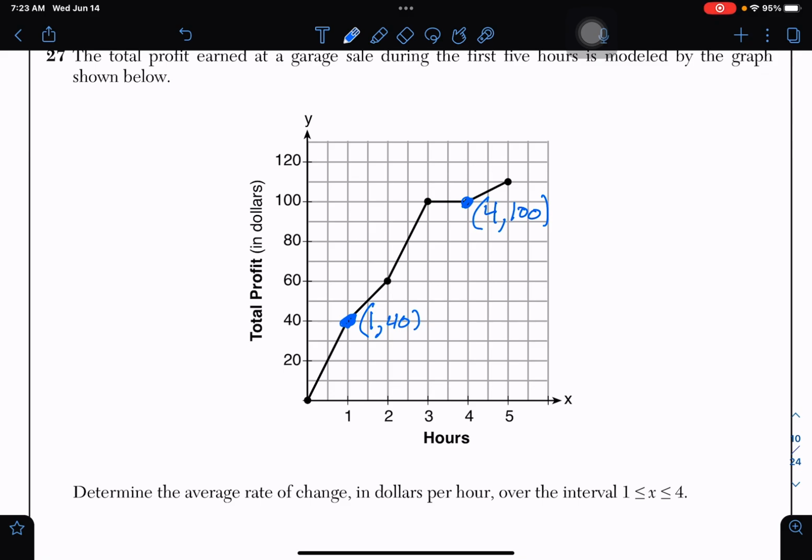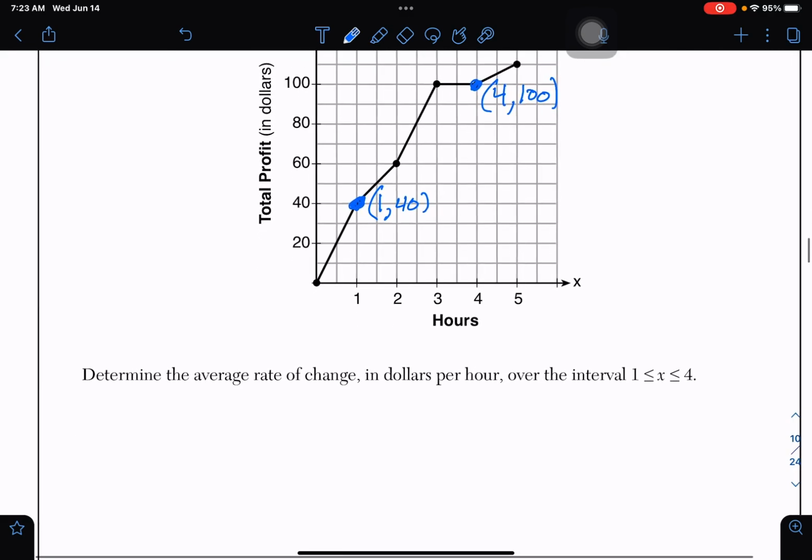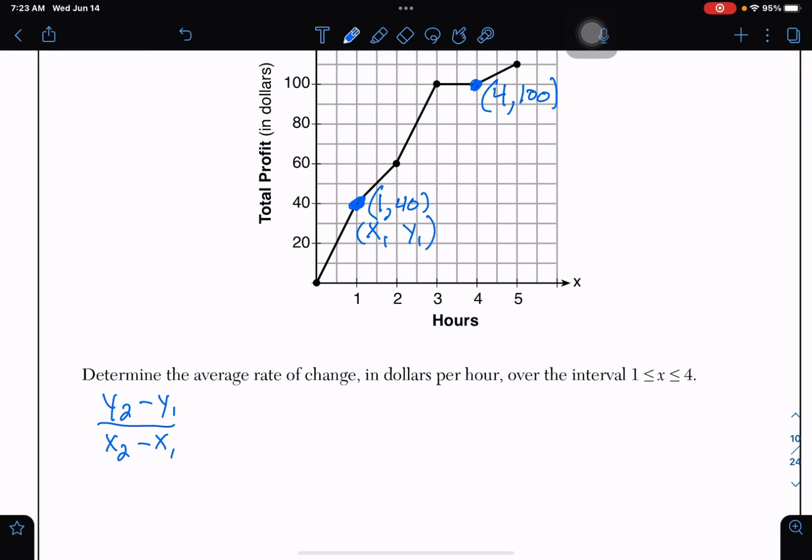Okay, so the rate of change is y2 minus y1 over x2 minus x1. So we're going to call this one x1, y1. This point up here is x2, y2. So we just plug them in.